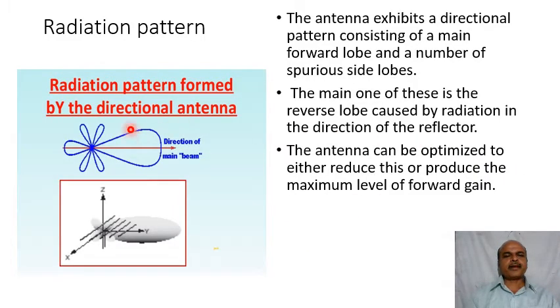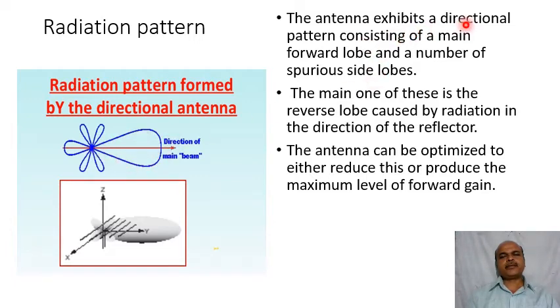Now the radiation pattern. In the first chapter we defined the radiation pattern. So what is a radiation pattern? It is a graphical representation of the received signal strength of that antenna. If we receive signals from the Yagi-Uda antenna and observe the graphical representation of that received signal strength, we will see this type of radiation pattern.